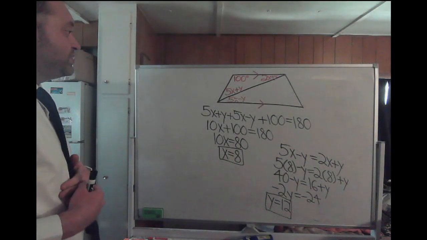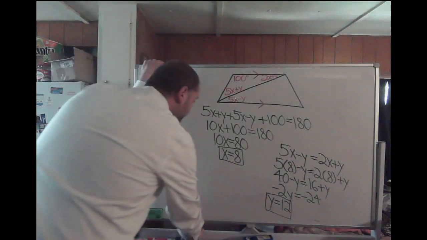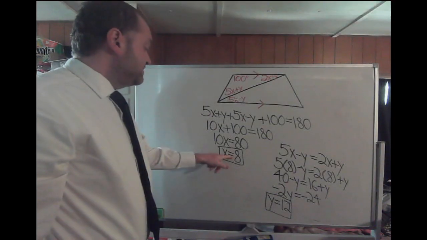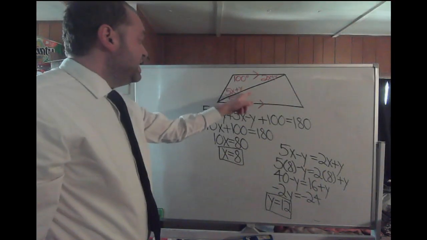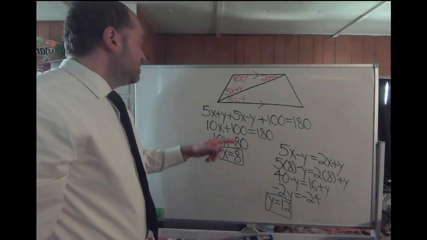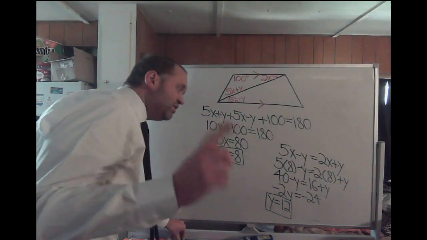And here's why. Let me explain something to you. Some people would take this x value of 8 and just stick it into any one of these equations. Well, let's humor that a second.